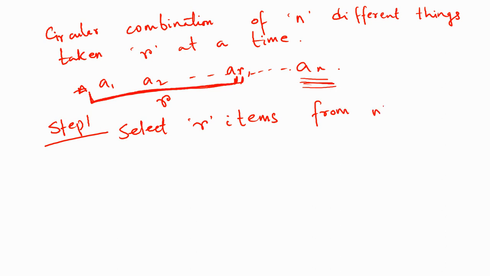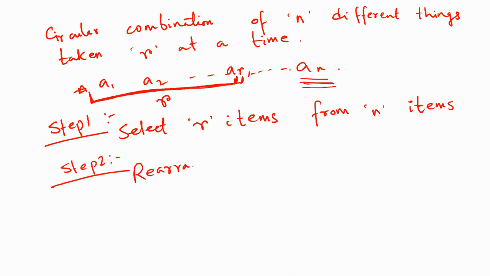That's step 1. There are various ways to do this type of problem. Any problem can be done in various ways, so this is just one way that I'm discussing. Always keep your mind open to various ways. It's not that this is the only way to do it, but I'm discussing this way. So for the circular combination of n different things taken r at a time, we select r items from n items. This is step 1. And what is step 2?